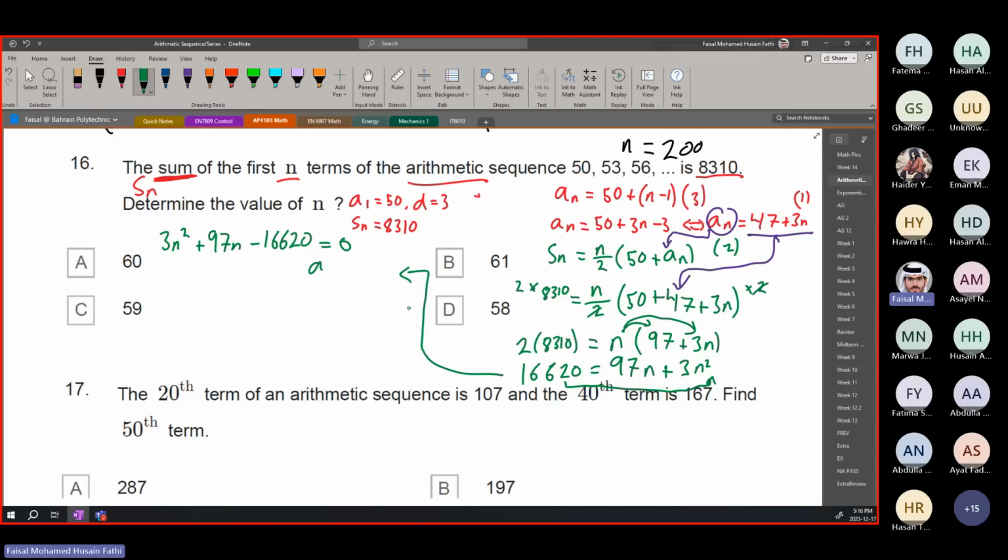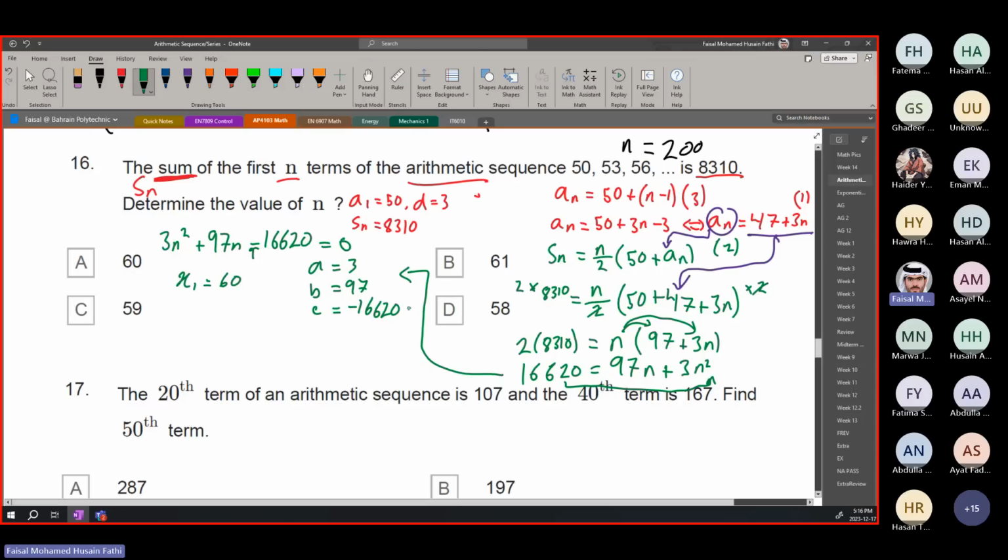A, B, and C: A is 3, B is 97, C is minus 16620. Do not forget the sign. Using the calculator in quadratic mode with 3, 97, minus 16620, we get x1, or basically n1, is equal to 60.